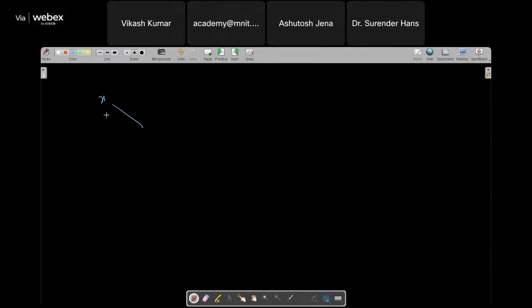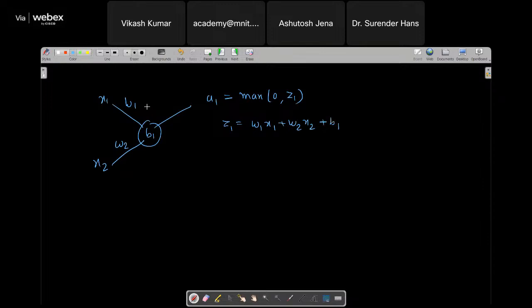Let's say this is the input x1, this is another input x2, and w1, w2 are the weights. This is the output of this neuron, let us say a1, where a1 is equal to max of 0 comma z1, and z1 is w1 x1 plus w2 x2 plus b1, where b1 is the bias.